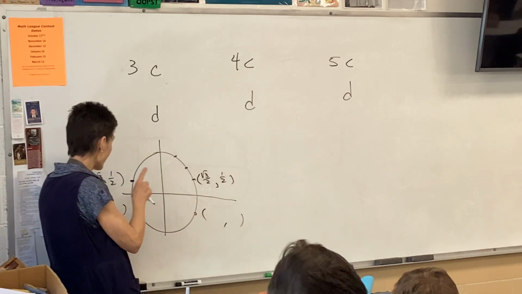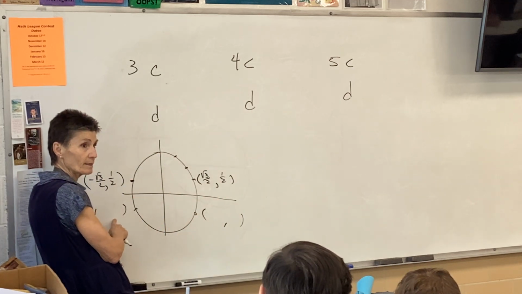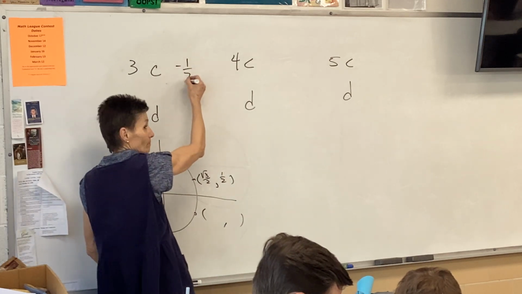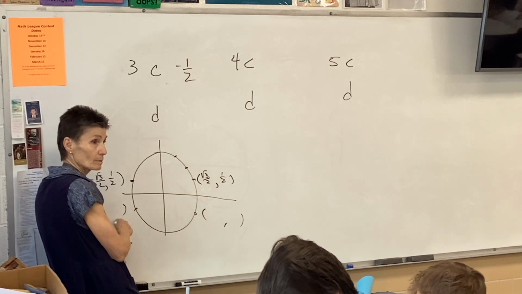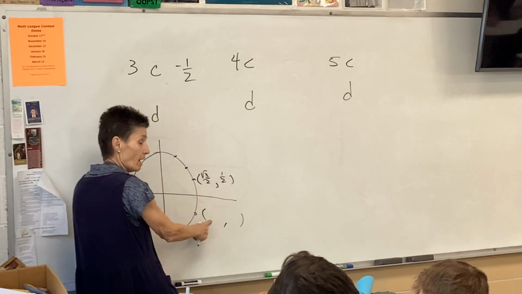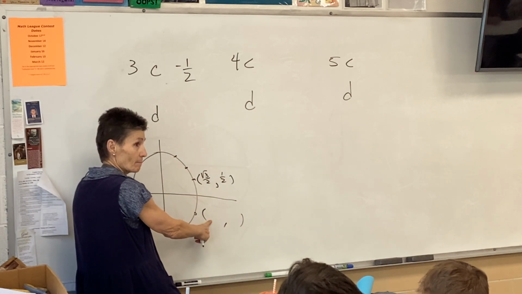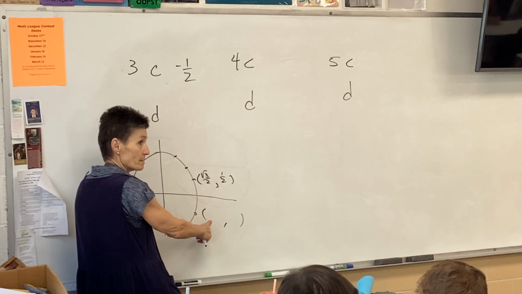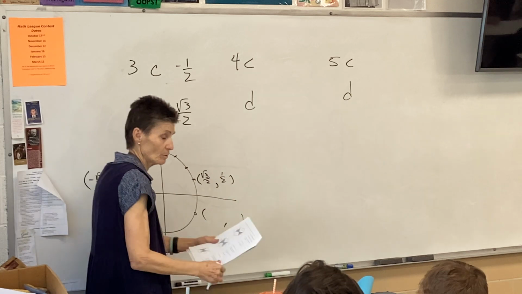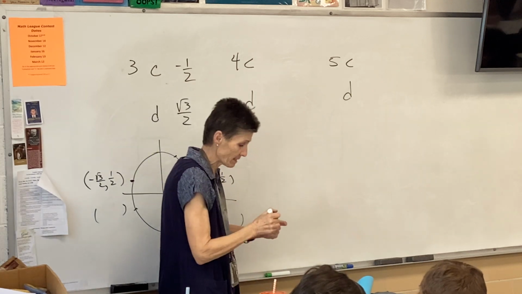The sine of 7 pi over 6, negative 1/2, right? And the cosine of 11 pi over 6 is root 3 over 2. Yeah, that's what you're supposed to be doing. Don't make it hard, it's easy.